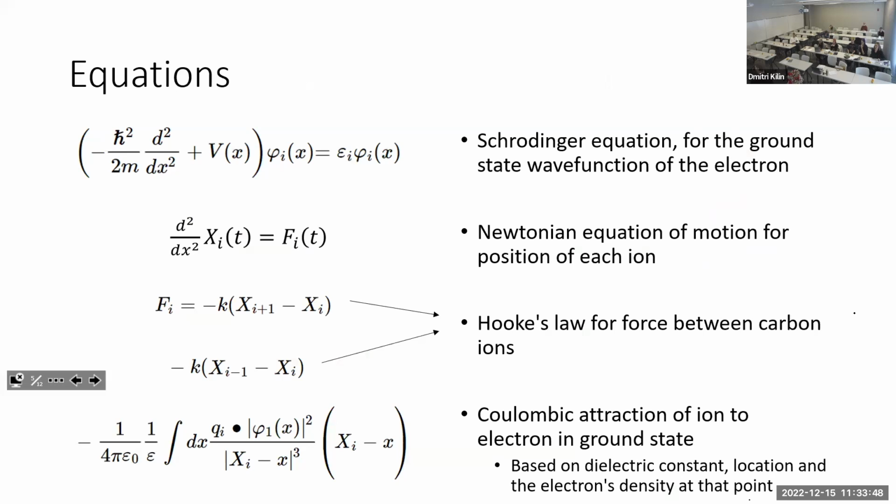So I just found a big list of a lot of common solvents, and I put the dielectric constants into the equation for the Coulombic attraction of the ion to the electron. So if there's a larger dielectric constant here, there will be less force between the two.